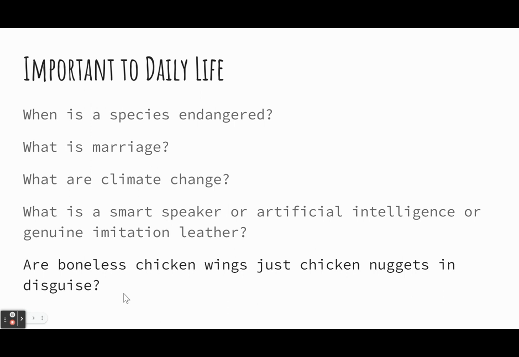As I said, definitions are important to daily life. When a species is endangered determines how and when you get to build your house, how and where farmers get to farm, and how we get the food to the grocery store. Over the past 5 years, the argument about what is marriage has been a political hot button issue, and it has made some people very happy.